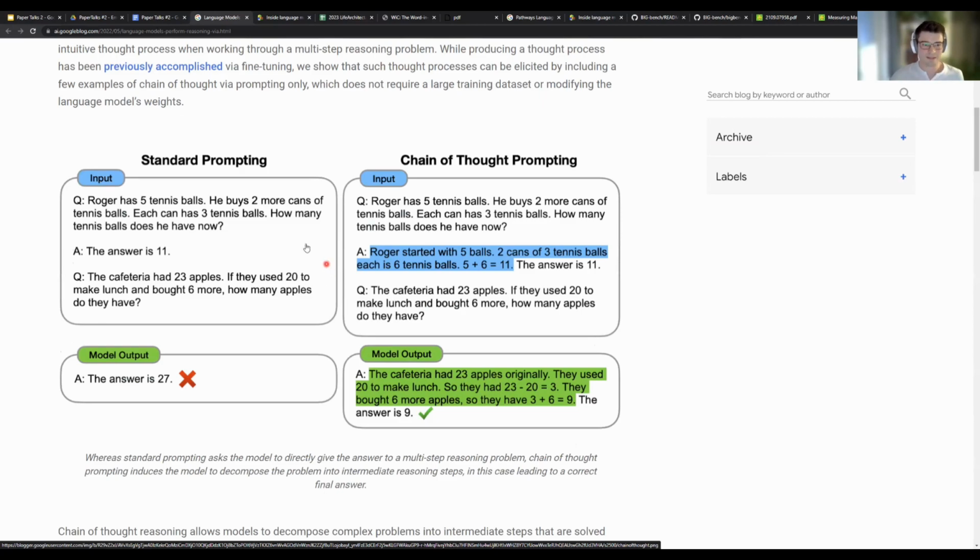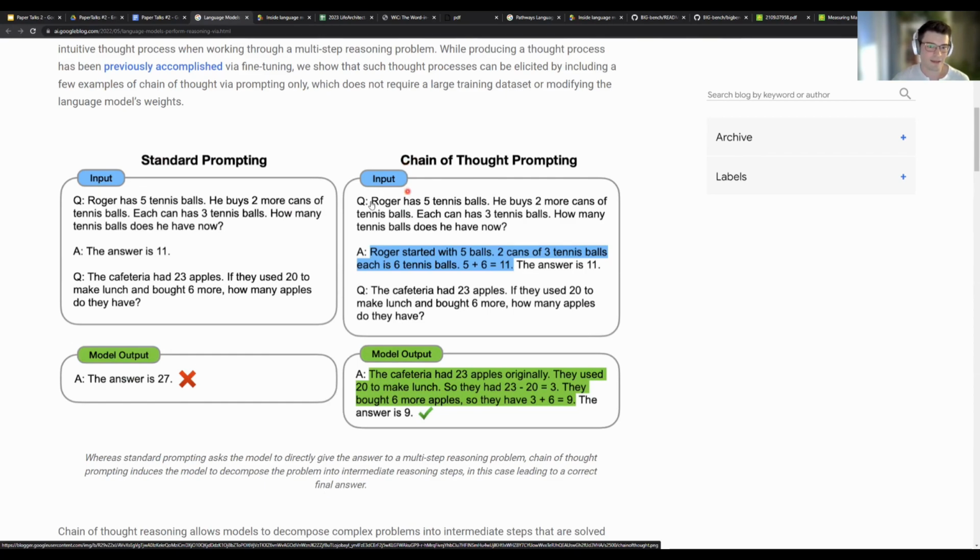And here we can see that on the left side we have a model which was trained in the standard way, and here we have a model that was trained and forced to use chain of thought prompting.